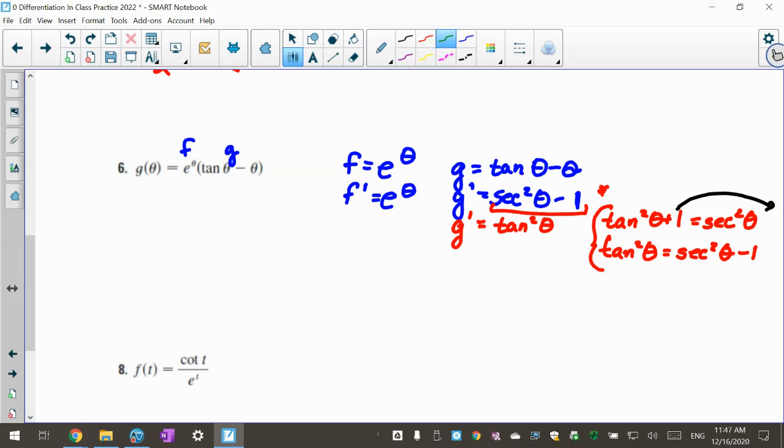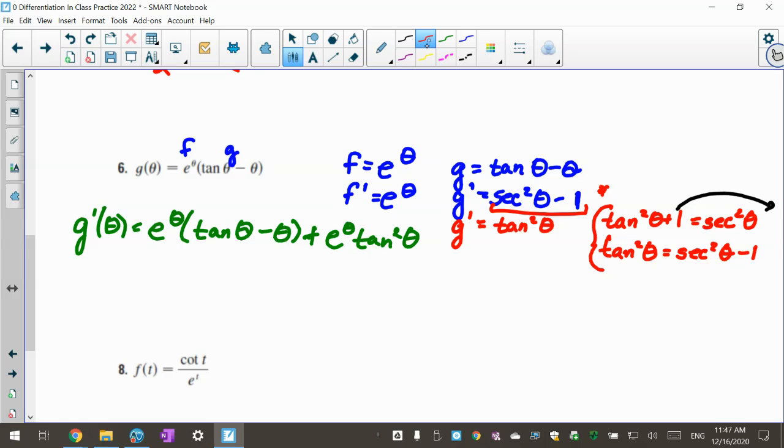So for 6, I'm going to do g prime of theta because that's what we got here. It's going to be f prime g, so it's going to be e to the theta times tan theta minus theta, plus f g prime, that's a plus, e to the theta times tan squared theta. Now remember, this is a term here and this is a term here. And I can take out an e to the theta, so I will.